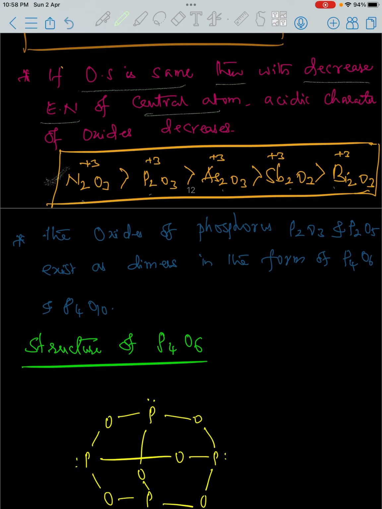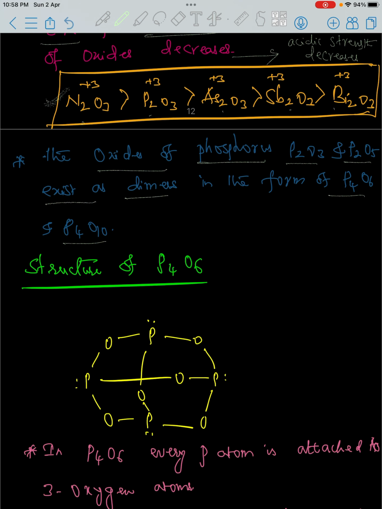From N2O3 to Bi2O3, acidic strength decreases. Why? Non-metallic character decreases.